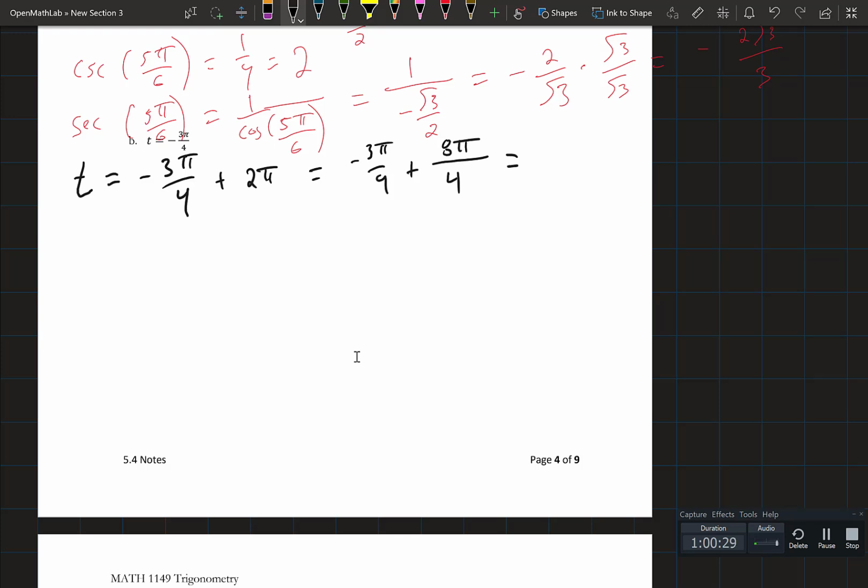And if we add those together, we end up with 5 pi over 4. So these are coterminal. 5 pi over 4 is coterminal to negative 3 pi over 4. So it just makes it a little easier to work with.